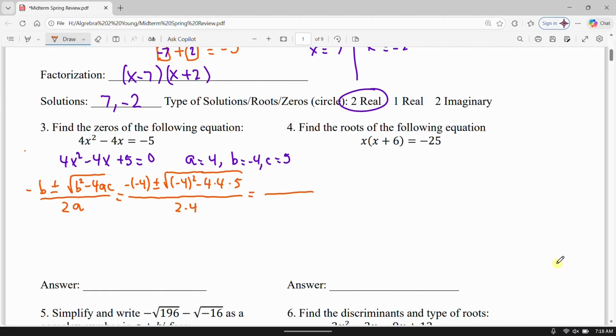The bottom is 8. That gives me a positive 4 plus or minus the square root of 16, since negative 4 squared is 16. 4 times 4 is 16, and 16 times 5 is 80, so it'll be minus 80.